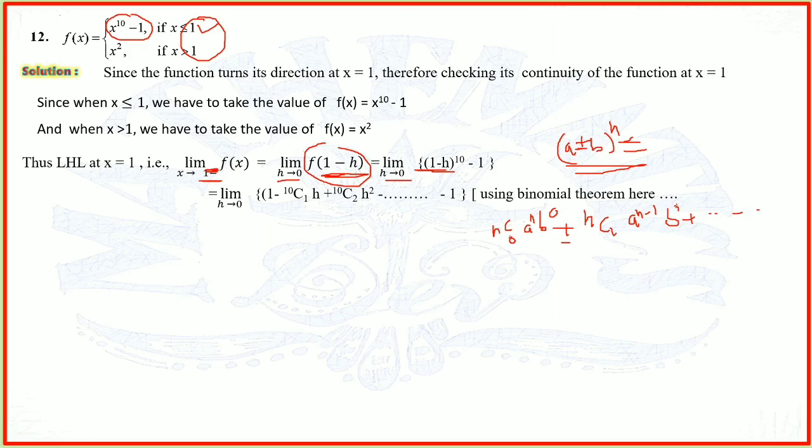It will go up to the last term, nCn a power 0 b power n. That was the last term.